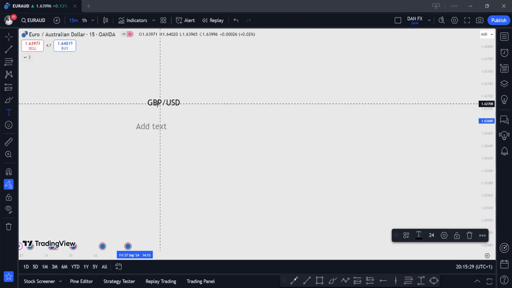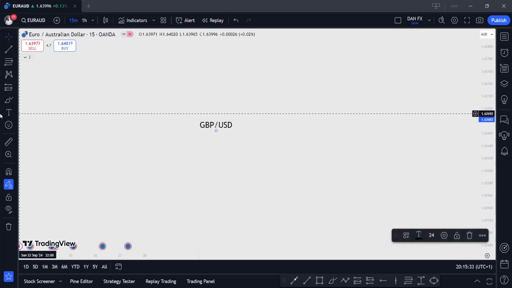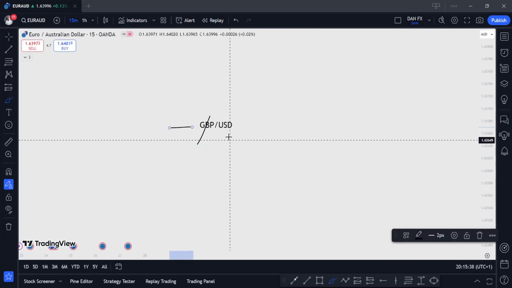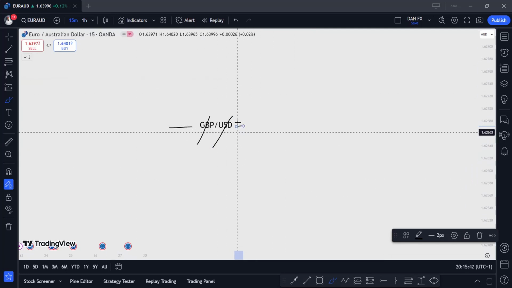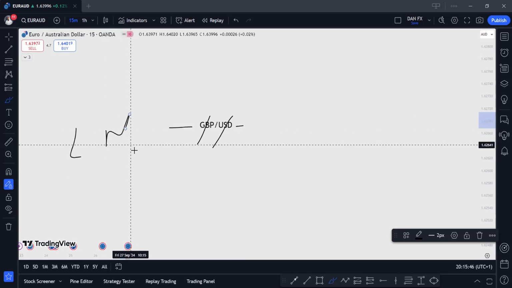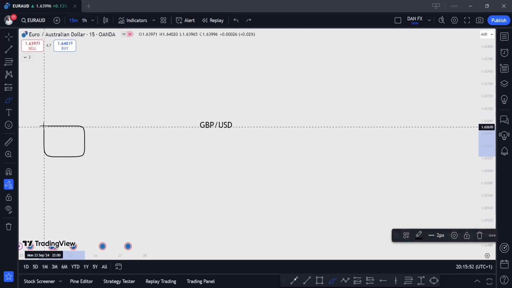We've established that this pair is going to move during London session and New York session. Why? Because we have a London currency here, which is GBP, and a New York currency here, which is USD. So the main active sessions for this pair would be London session and New York session, right? So now why doesn't it move during Asian session, right?